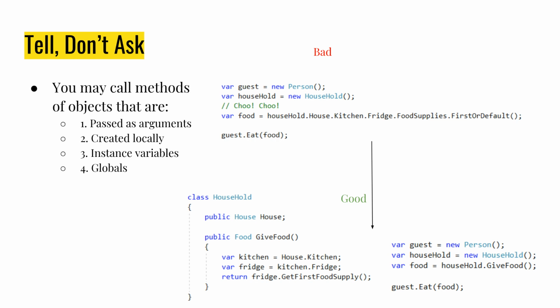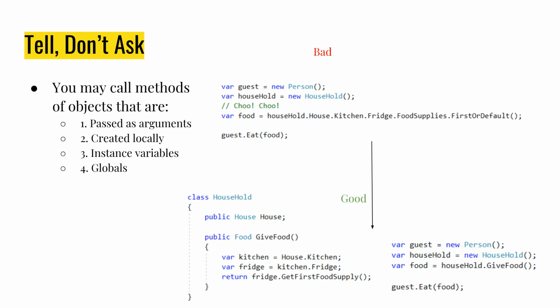A good implementation would be having a giveFood method inside the household class, and the household simply telling giveFood from itself, so that inside we handle how we do it. In the giveFood method, note that we don't call a slightly shorter chain, but we call only the immediate properties.